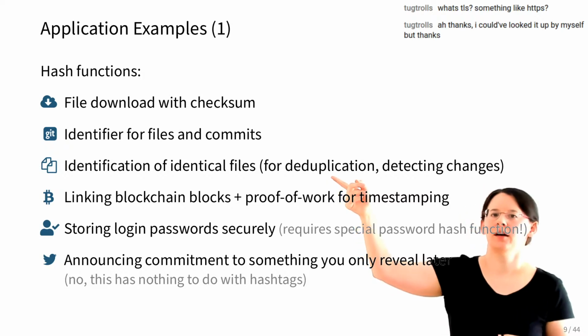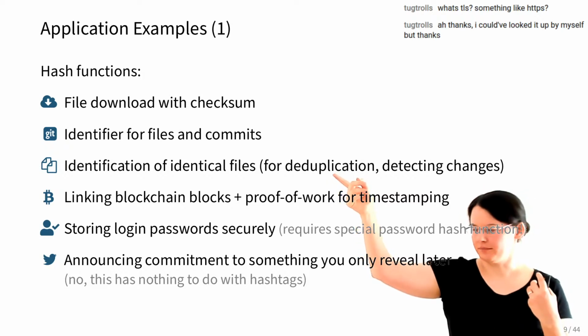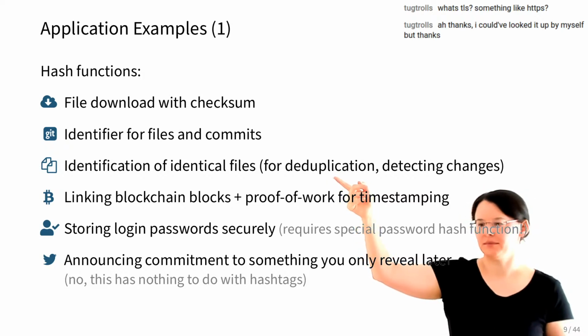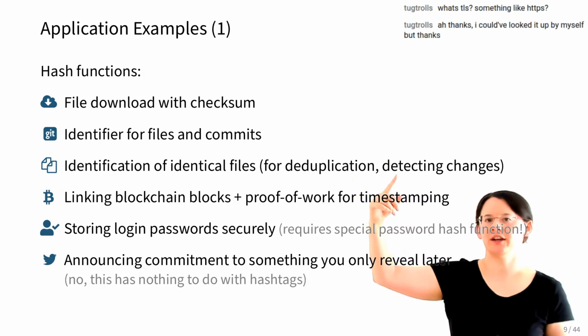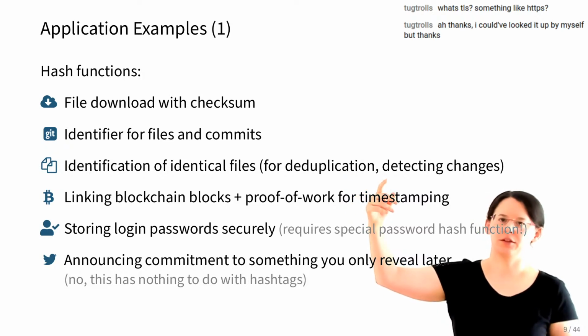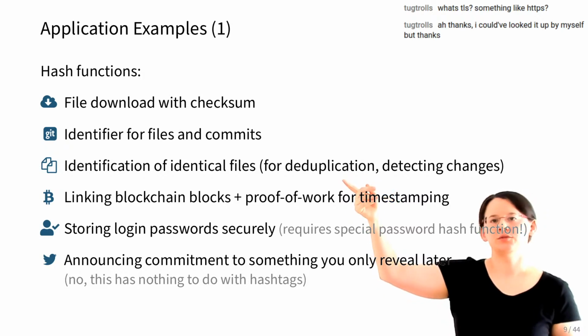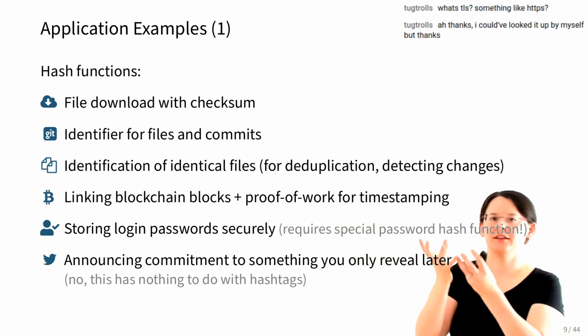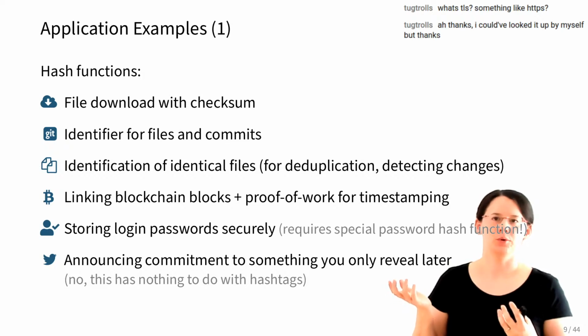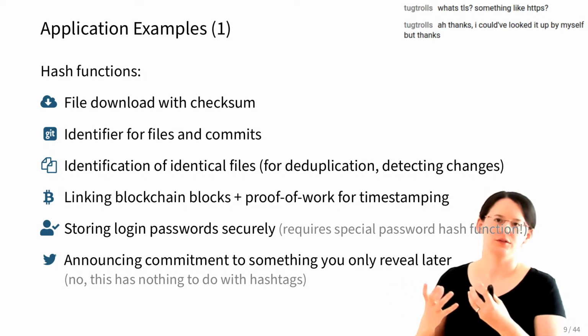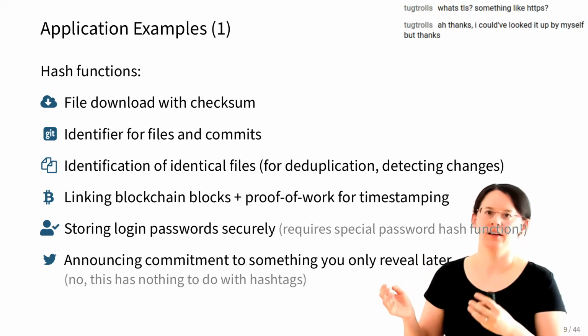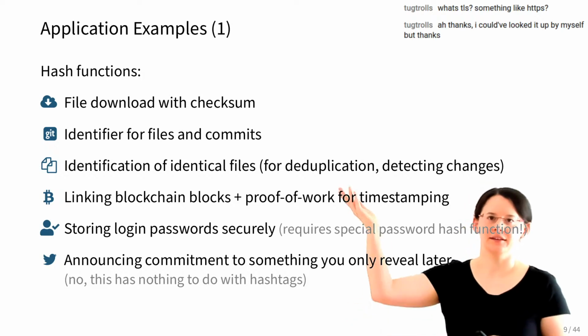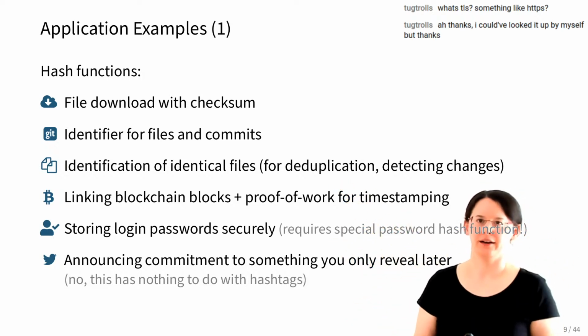For example, some sort of cloud system that manages your files might store hashes of all files and occasionally recompute them in order to check whether there were any changes. It can also be used for deduplication, so for detecting identical files and then merging them, so storing them only once. And only once one of the two file names of the same file receives some write request, then we split it again into 2 files.